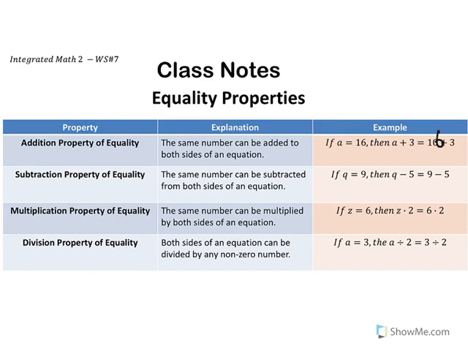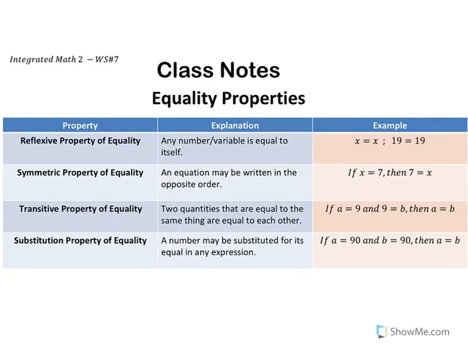If z equals 6, then z times 2 equals 6 times 2. Division property of equality: both sides of an equation can be divided by any non-zero number. If a equals 3, then a divided by 2 equals 3 divided by 2.